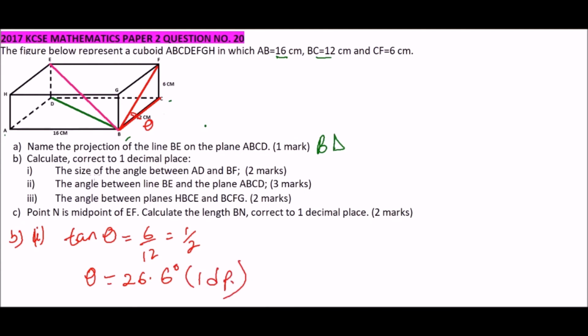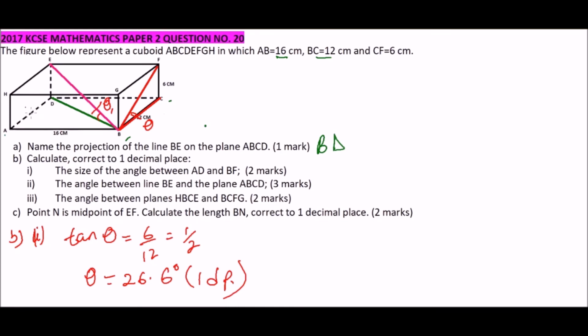The second part is the angle between BE and the plane ABCD. So this is the angle that you need to work out. We can call that theta 1, and we need to get the length of BD.